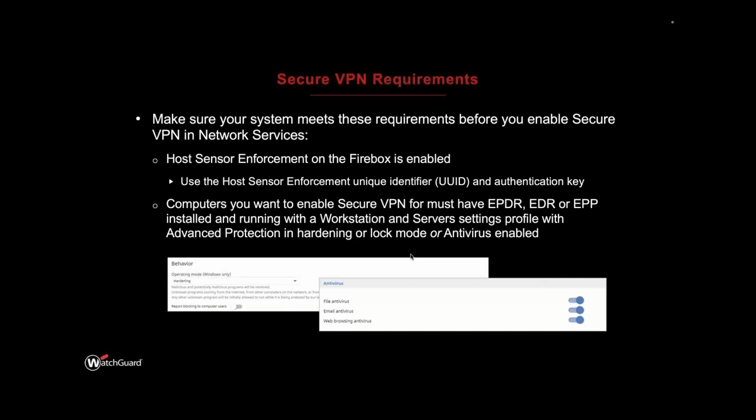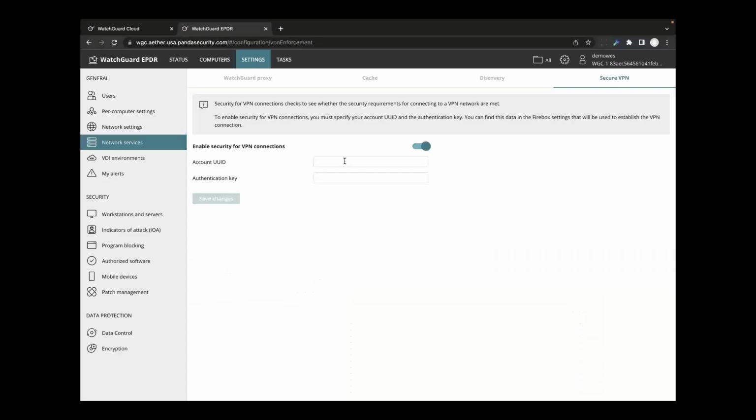So there's two sides to configuring this. One side is on the Firebox, so you need to utilize the host sensor enforcement feature as part of the threat detection in the Firebox, and then you have to configure the corresponding feature in EPDR, EPP, or EDR.